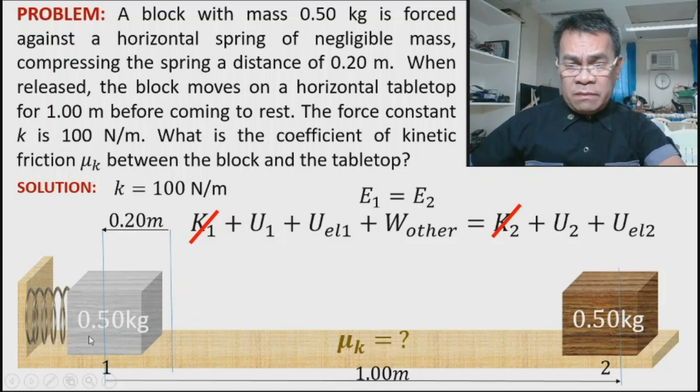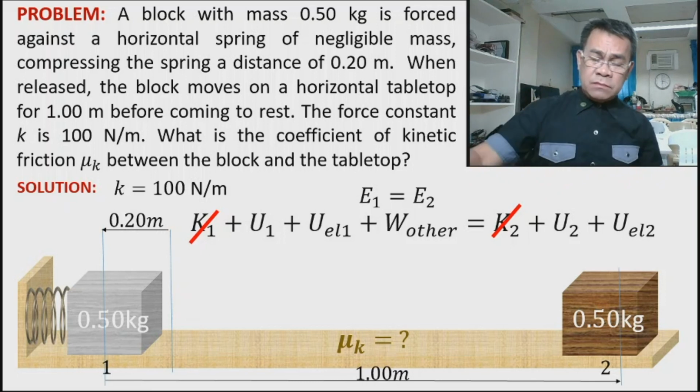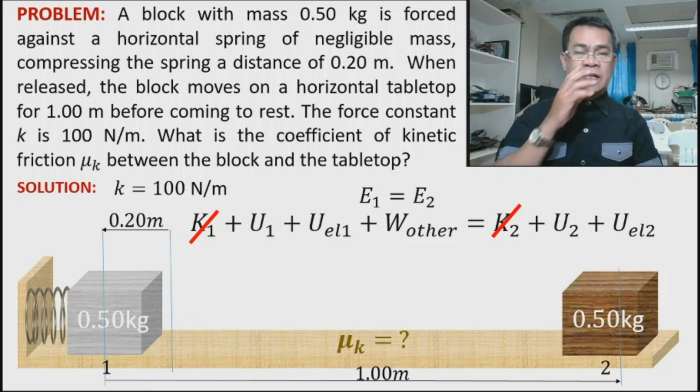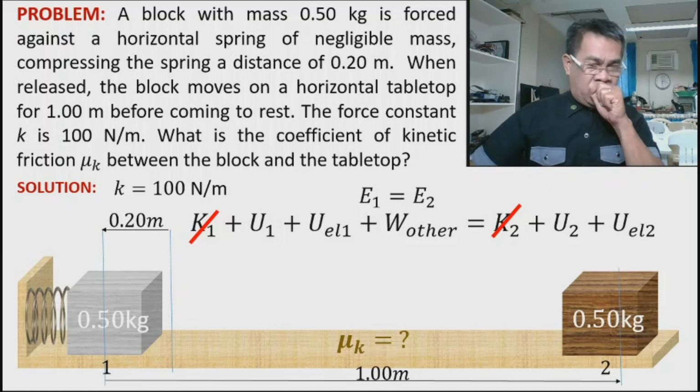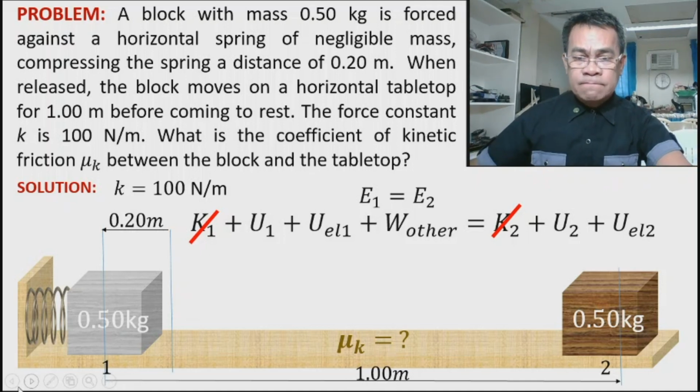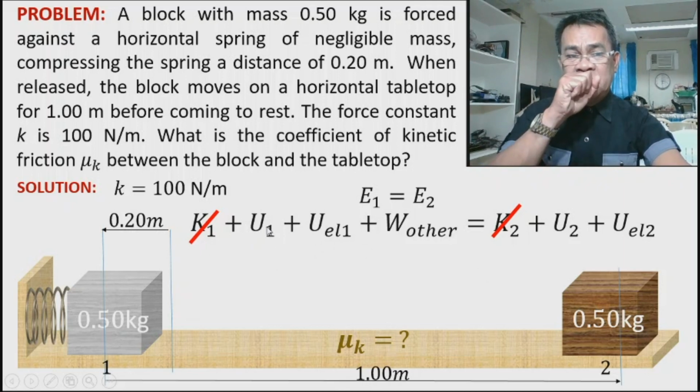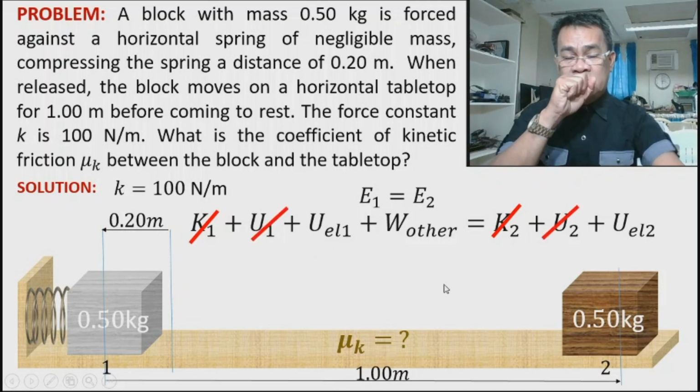Another is, remember, this is lying on a horizontal surface. Gravitational potential energy is possessed by height. So since this is a level, horizontal surface, if we place the reference line along this object, then there is no height, which means that the gravitational potential energies 1 and 2 are 0.